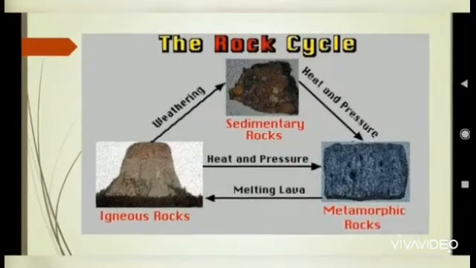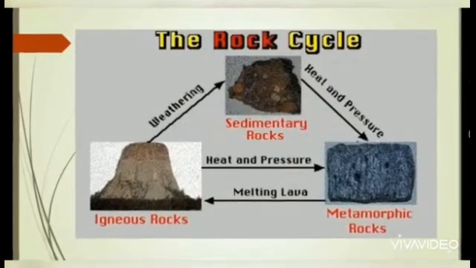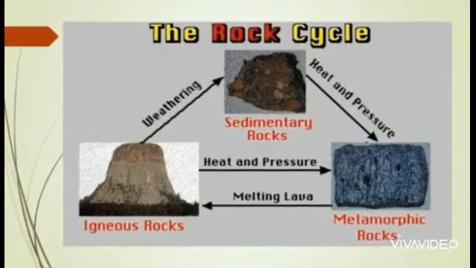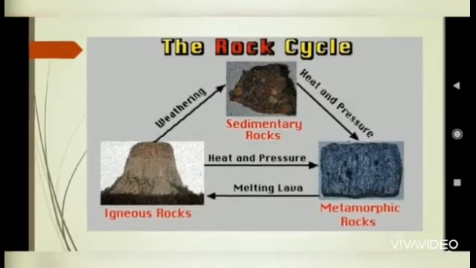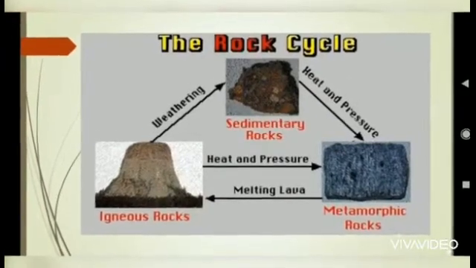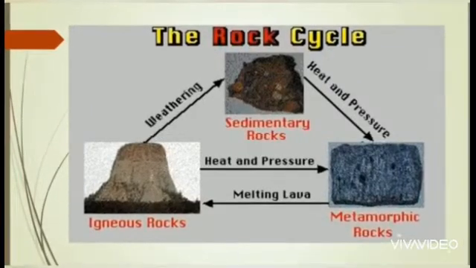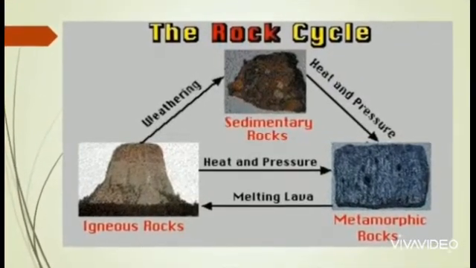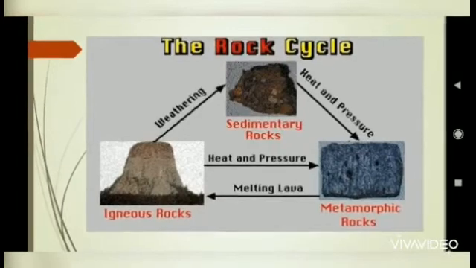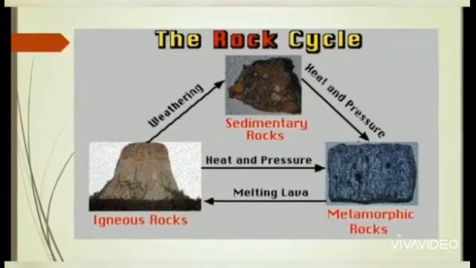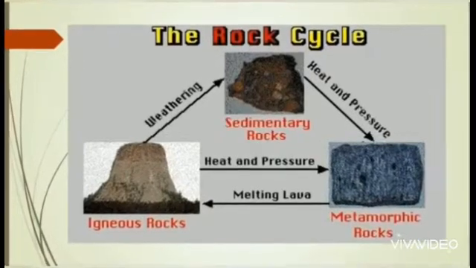Let us see the rock cycle. The rock cycle is the process by which rocks of one kind change into rocks of another kind. There are three main kinds of rocks: igneous rocks, metamorphic rocks, and sedimentary rocks.